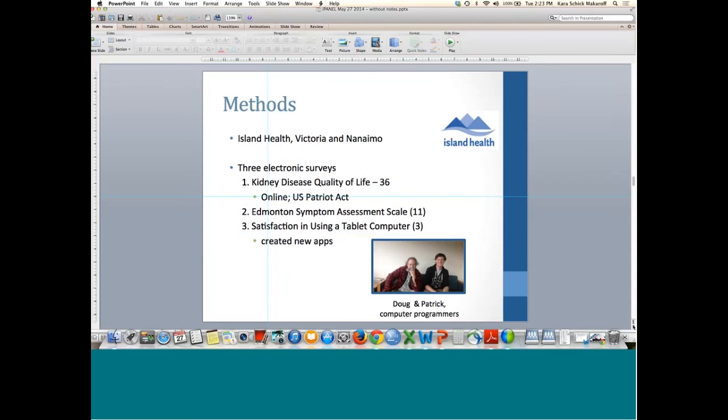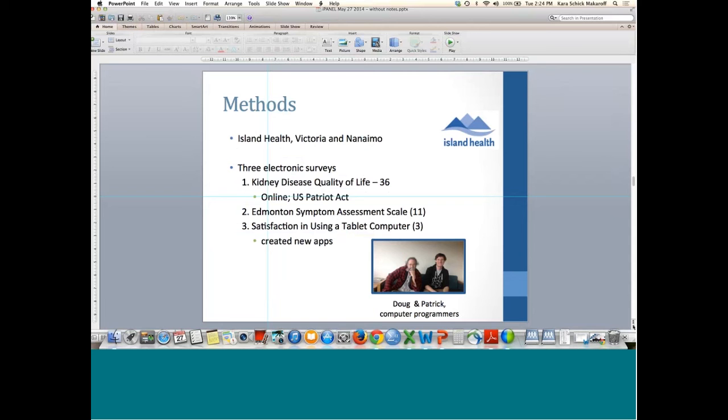In looking at the methods, I used a deductive cross-sectional observational study design, and I was at every outpatient clinic in Victoria and Nanaimo for a 3-month period. Every person who met the inclusion criteria was invited to participate. If they participated, it meant that there were 3 surveys that they completed.